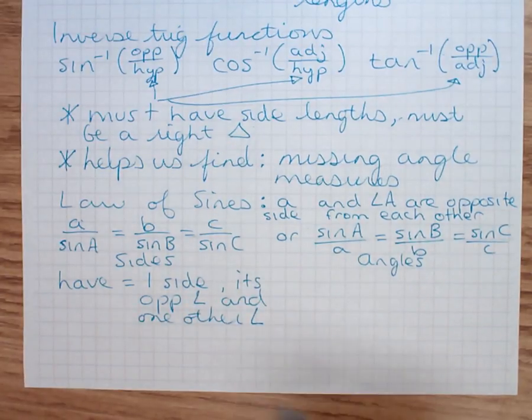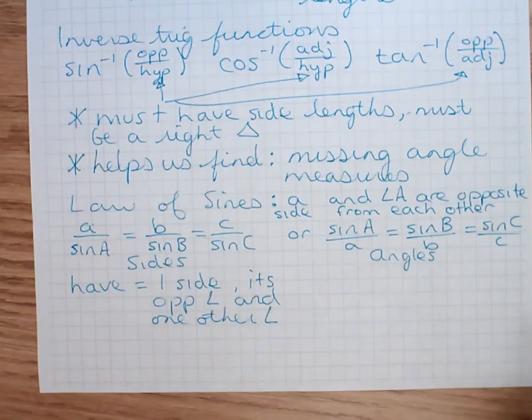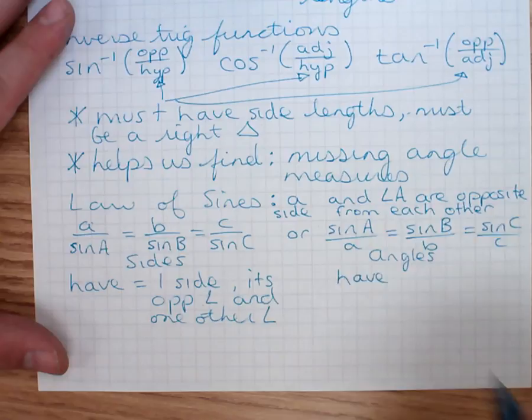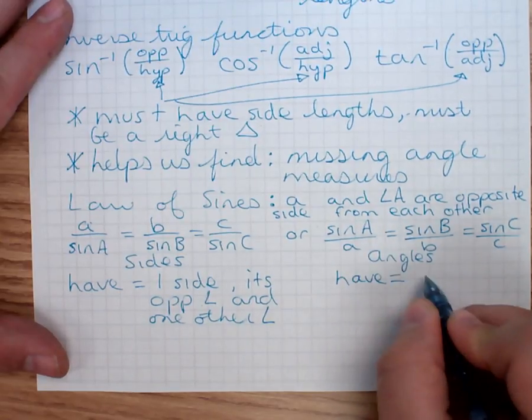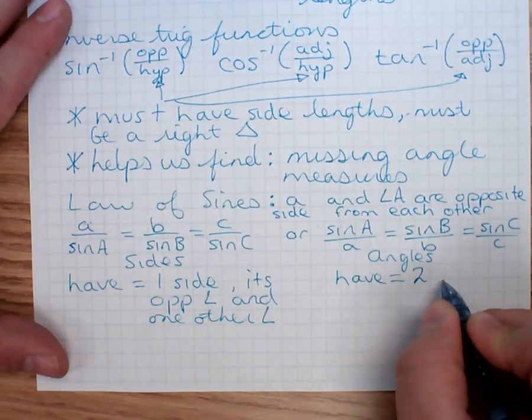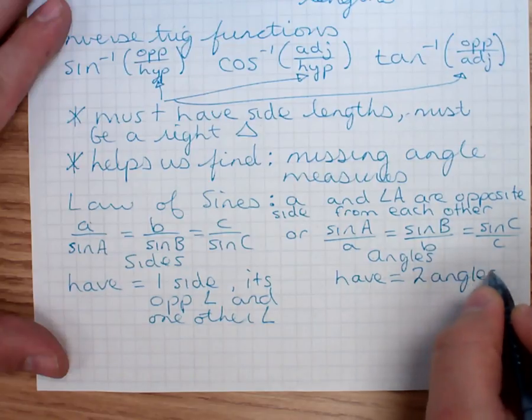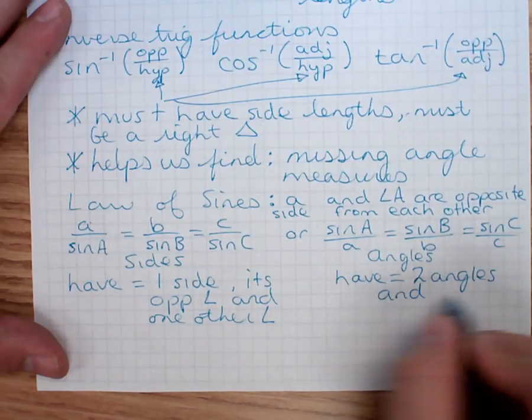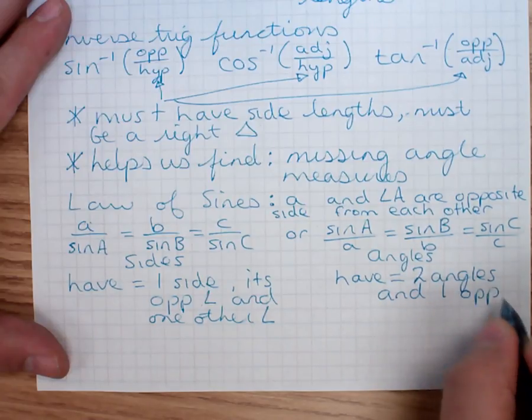Are you guys okay with me using the angle symbol like that? Do you understand what I'm writing? Okay, in this case we have two angles and one opposite side.